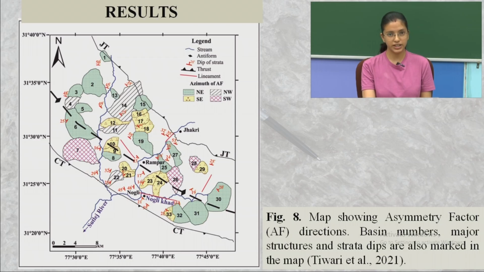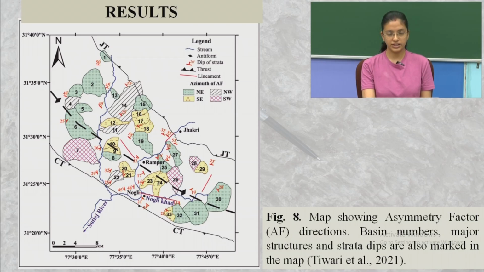Therefore, we did a regression between the dip amount and the AF deviation values from 50 and got a positive relation. Therefore, we excluded those 10 basins from our study, and from the remaining 23 drainage basins, we found that almost 12 basins are showing down tilting in southeast direction, thus implying that the study region is showing down tilting in southeast direction.